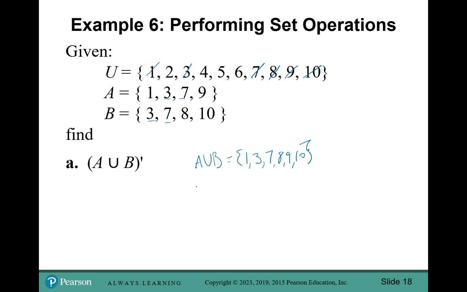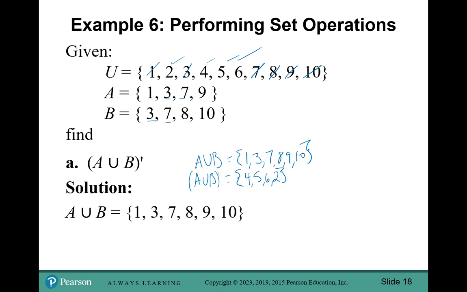Everything left over is (A union B) complement. So that is the set 4, 5, 6, and I forgot that too. So you need to go through and make sure you check them all off so you don't skip one. Remember, order doesn't matter in sets.